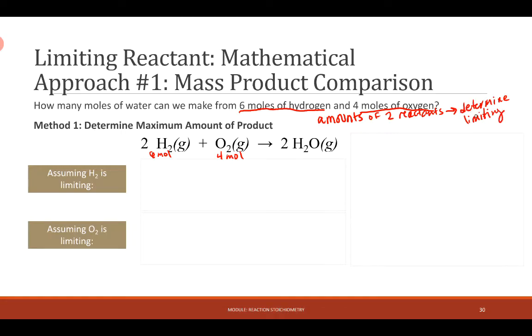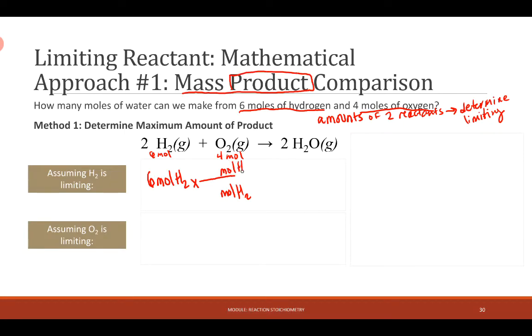That way you know what amount of product you can make. The amounts are always limited by the limiting reactant. So if we assume that H2 is limiting, how much water could we make? If we start with our 6 moles of H2, we can cancel out our moles of H2, and we can go towards our product, because that's what our scenario is about.